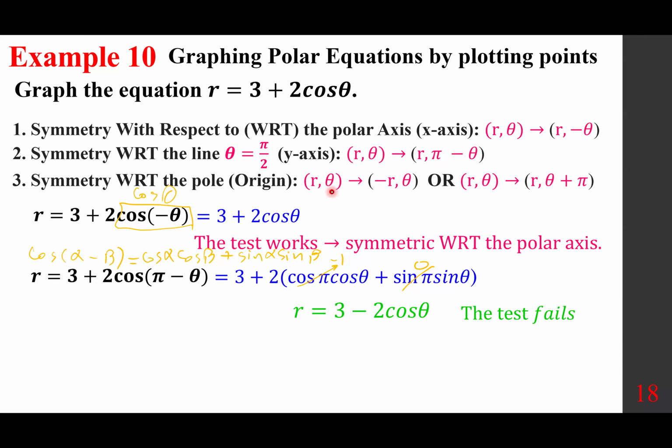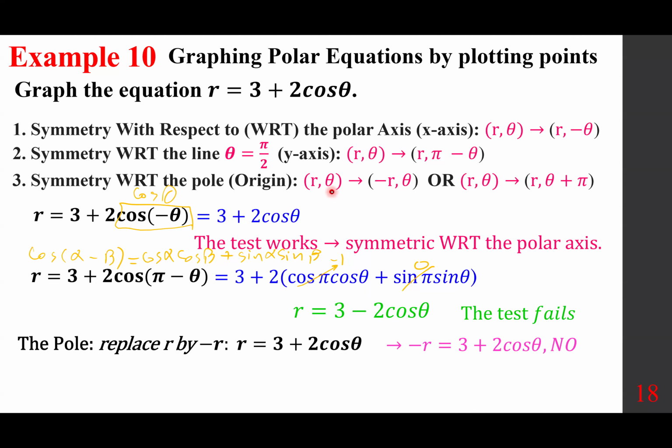We are going to replace r with negative r. If you multiply both sides by negative, this becomes r, and this becomes negative 3 minus 2 cosine theta. Are they identical with this? And the answer is of course not. So that doesn't work. Let's replace theta with theta plus pi.